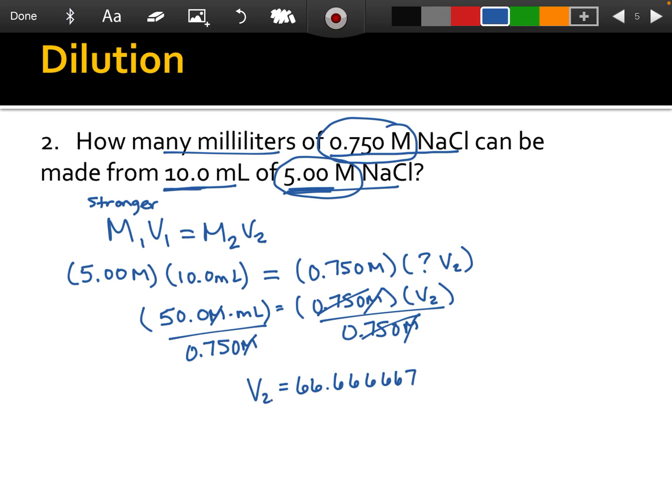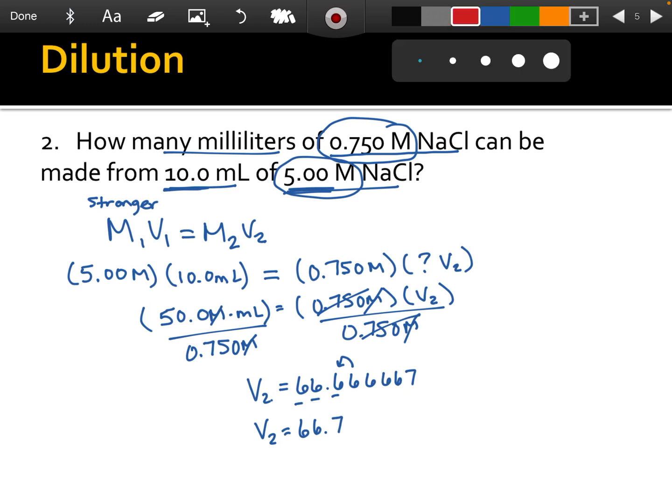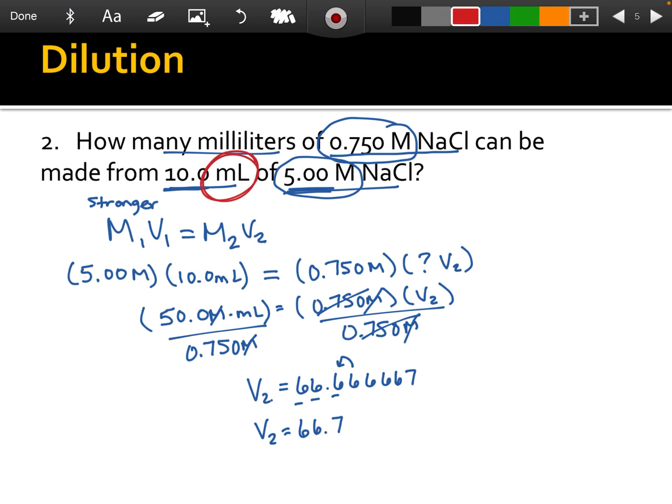And then if we look at sig figs, 0.750 has 3 sig figs, 10.0 has 3 sig figs, 5.00 has 3 sig figs. So I'm going to keep 3. So we would end up with 66.7. Since our first volume is in milliliters, the second volume is also going to be in milliliters.